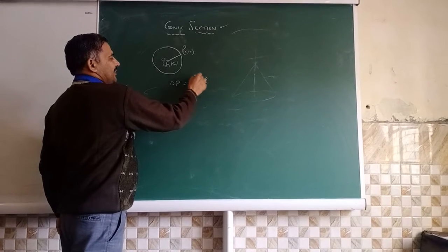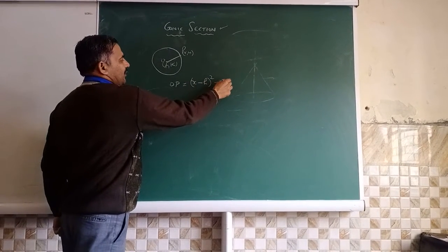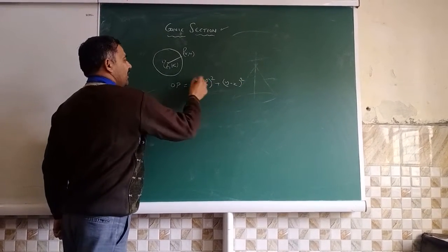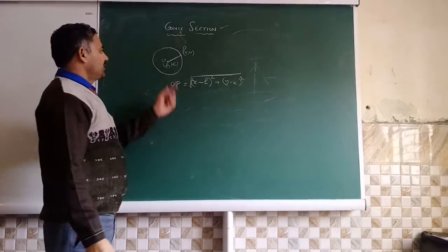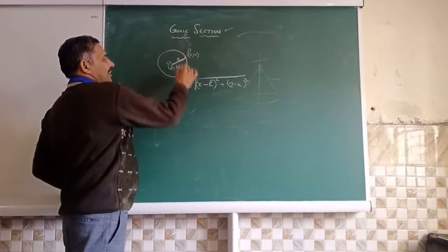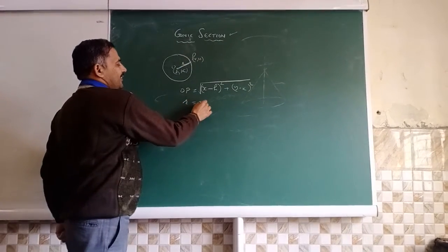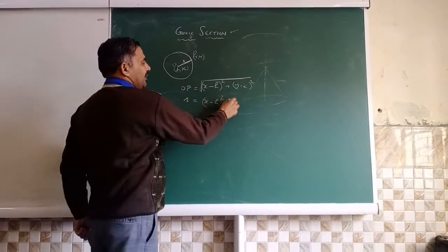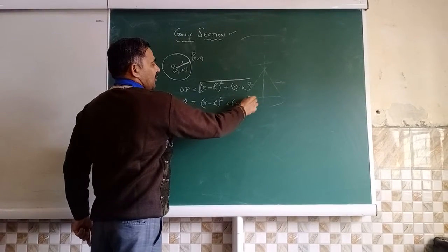It is the square root of (x minus h) whole square plus (y minus k) whole square. So this is the radius for these points. Is it clear? So we can write r is equal to the square root of (x minus h) square plus (y minus k) whole square.